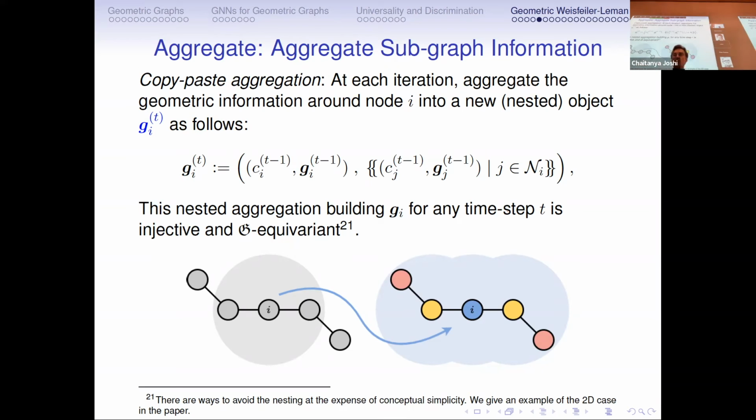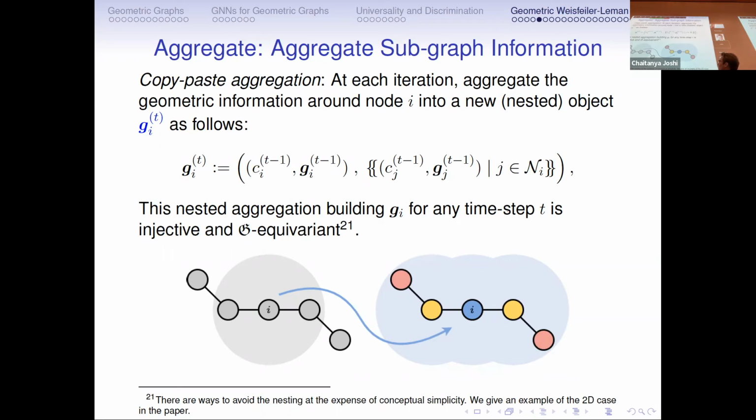And it turns out that if you do this, which essentially amounts to a copy-paste formulation, this gives you the injective and G-equivariant properties that you would like to pass on. And you can see this drawn visually, that at one iteration, my receptive field is this far, and I can see I've got a node here and I've got a node here, and they're positioned left and right.